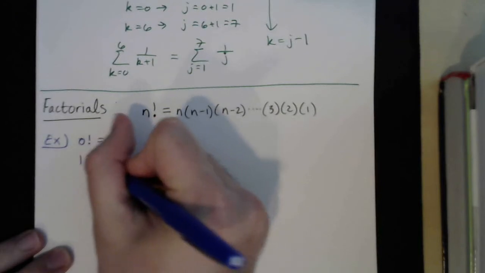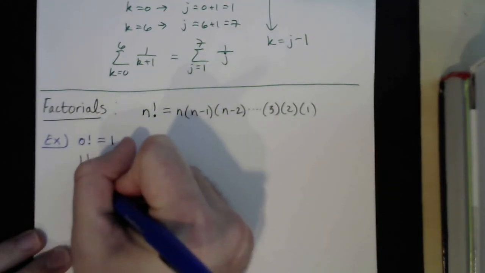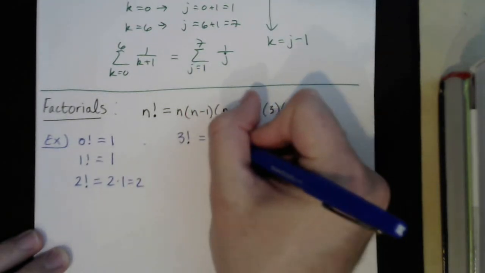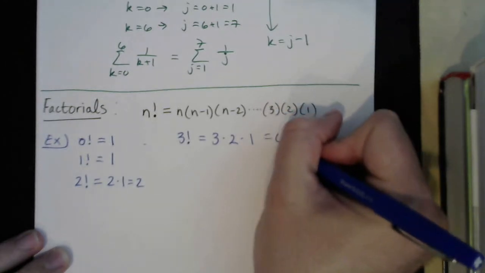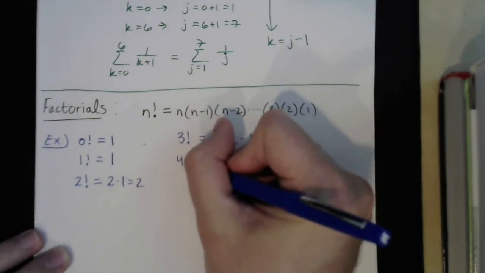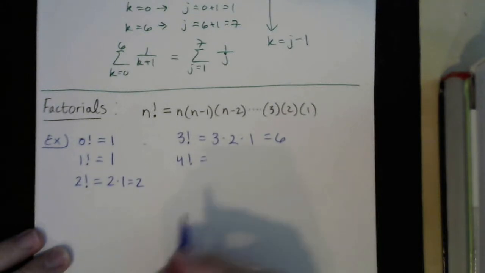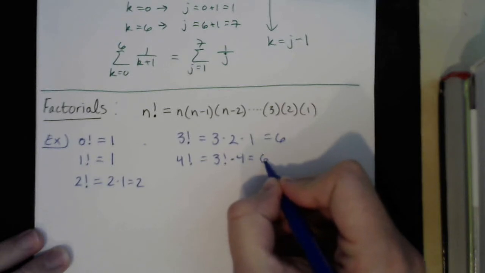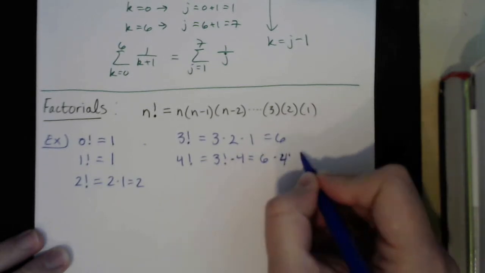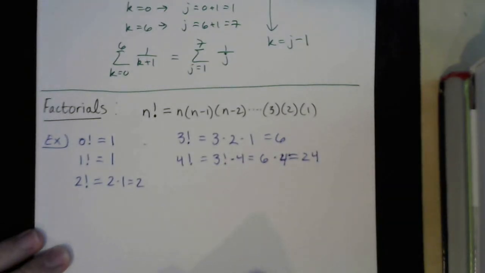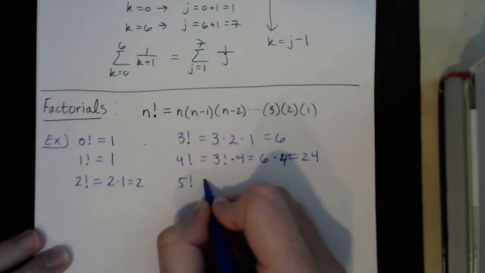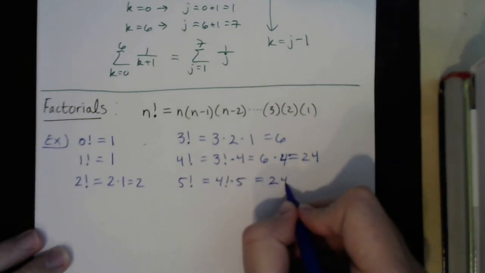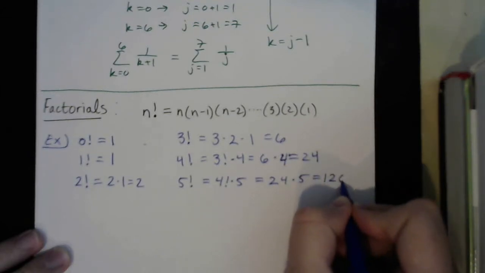1 factorial is just 1. 2 factorial is 2 times 1, or 2. 3 factorial, 3 times 2 times 1, or 6. 4 factorial, we're going to get clever here, is 3 factorial times 4, or 6 times 4, which is 24. 5 factorial is 4 factorial times 5, or 24 times 5, which is 120.